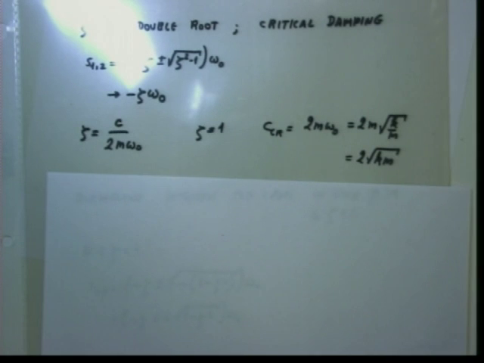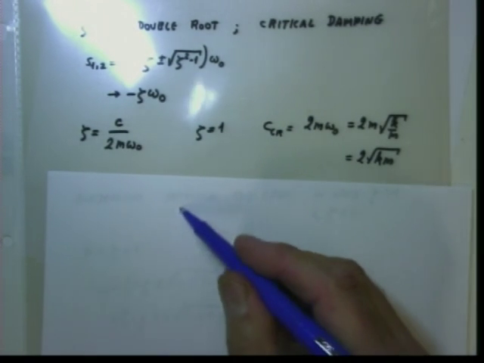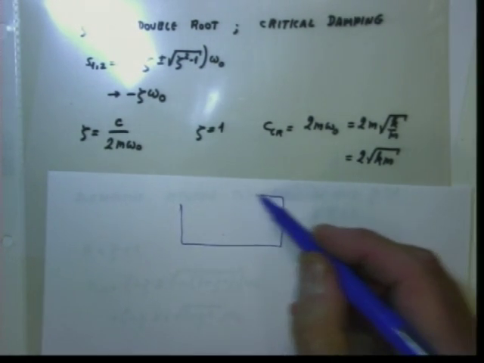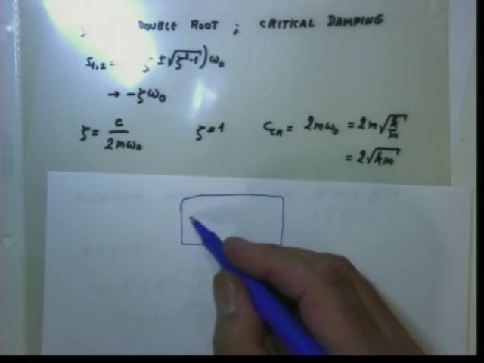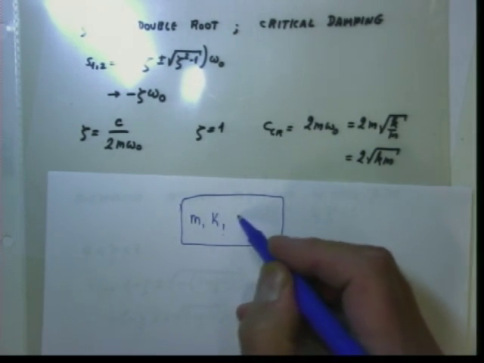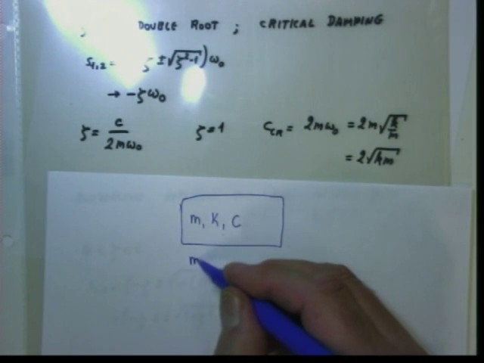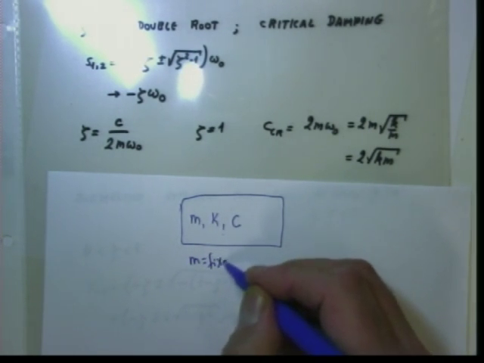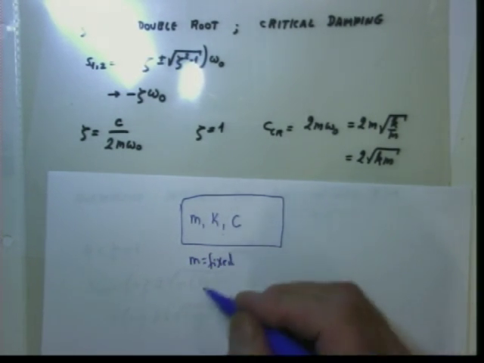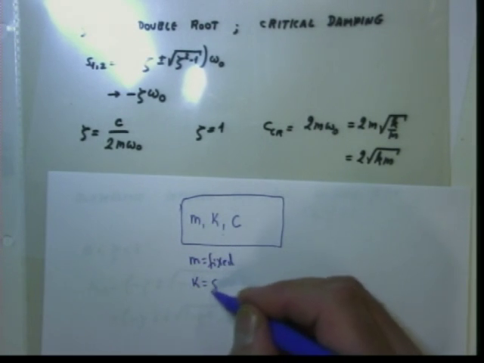So actually we should say as follows. We have these three parameters, m, k, and c. Imagine that m is fixed, mass is fixed, k is fixed.